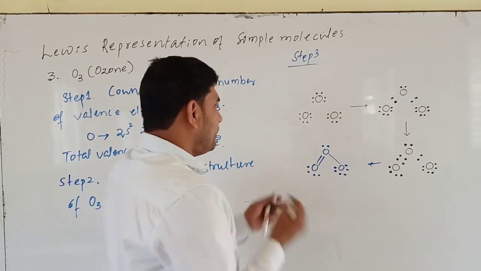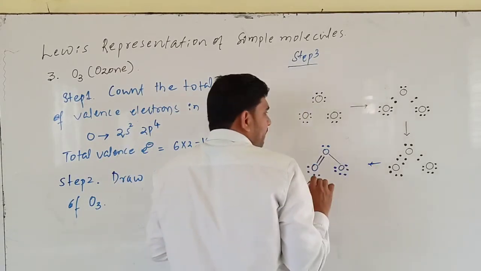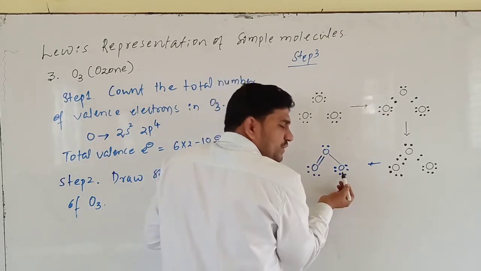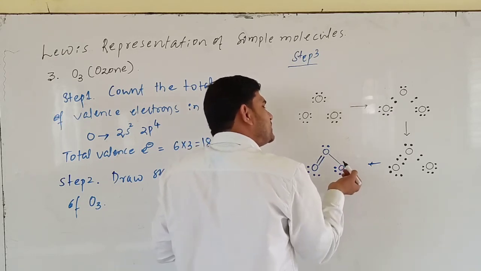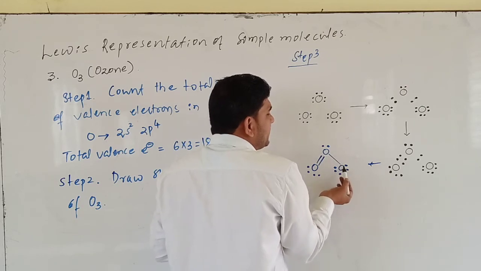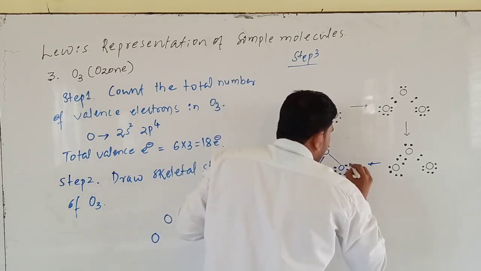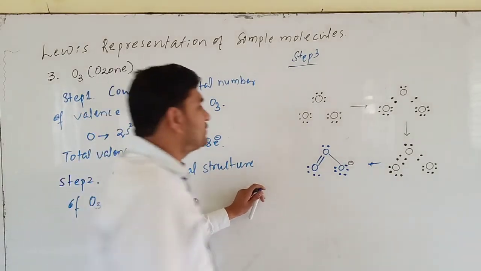See, actually what happens here, if you observe clearly, this oxygen has 6 electrons. Actually oxygen has to form how many bonds? Double bond. But it forms a single bond and it contains one extra pair. Means you need to place a charge. Over here this oxygen carries a negative charge.